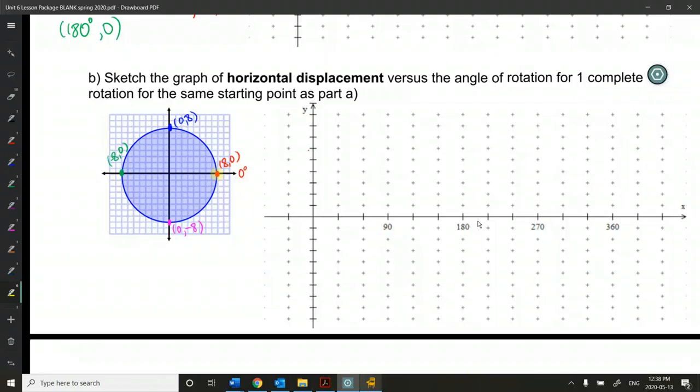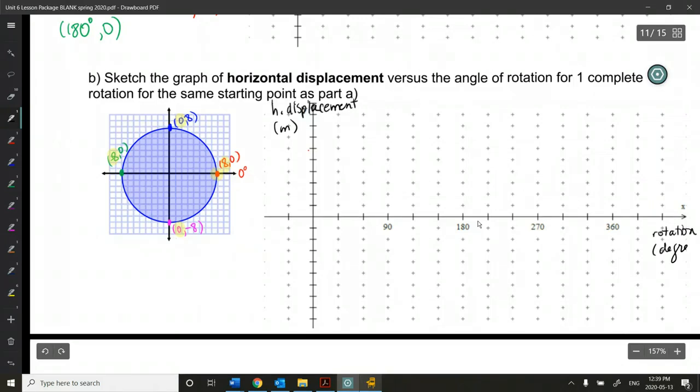And now I want to graph horizontal displacement. So as I rotate around, I'm actually going to be interested in each of these x coordinates here. Okay, so let's write this as horizontal displacement in meters. And the x is going to be the same for this one. This will be the rotation in degrees. And I do want to make sure I have the same scale here.